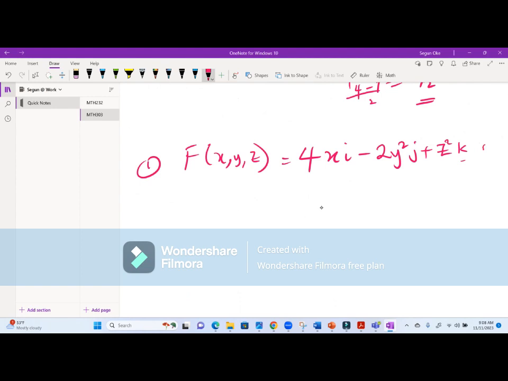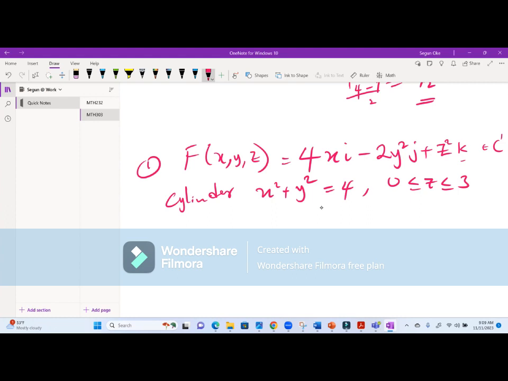Am I right? Please check. Remember, they both belong to C1, the region of C1. Then it's a cylinder surface, the cylinder x squared plus y squared equals 4, then 0 less than or equal to z less than or equal to 3.